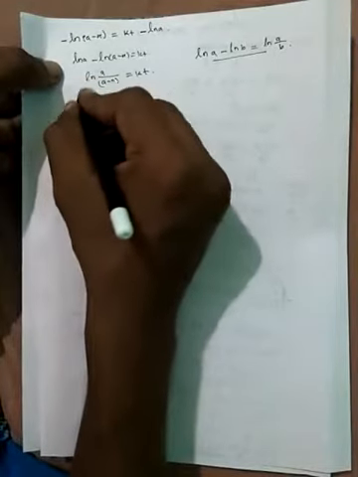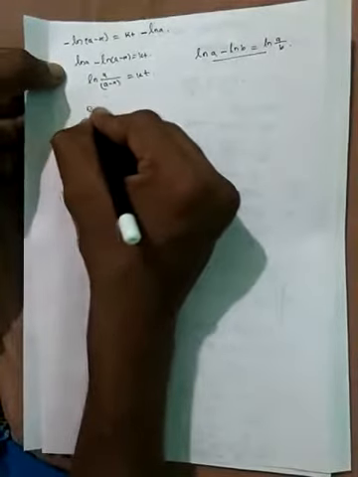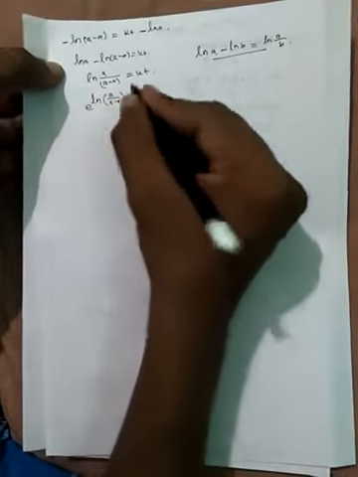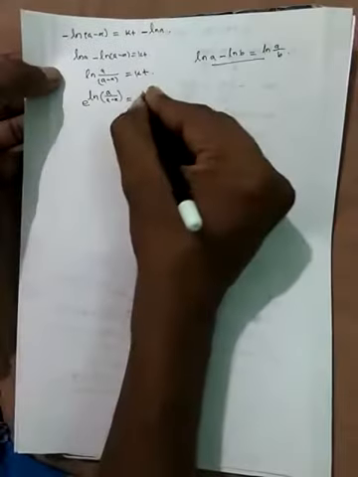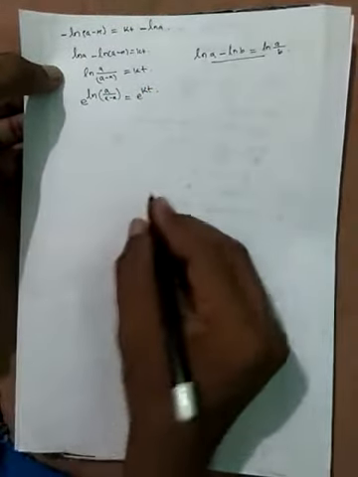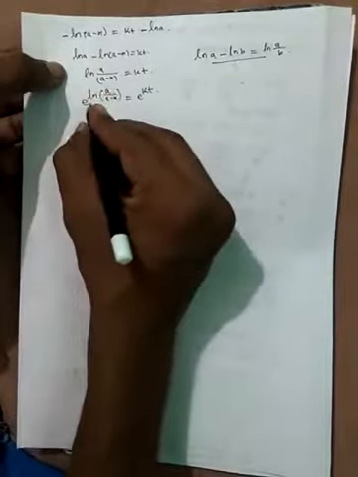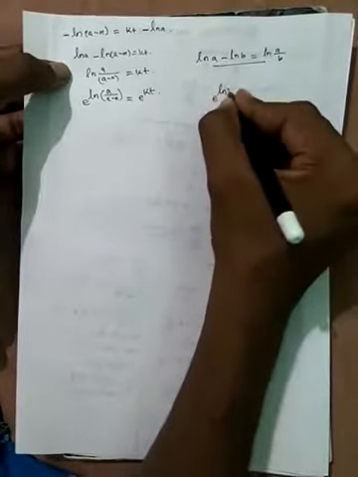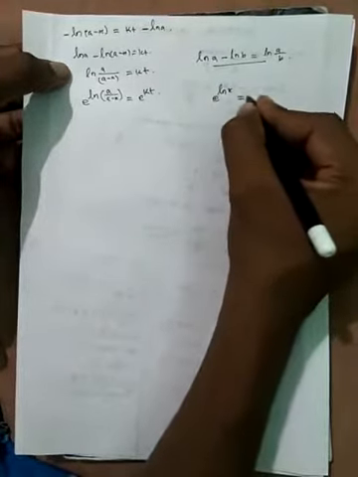Now you raise the equation to e power: e power logarithm a by a minus x is equal to e power kt. I know this formula, e power logarithm x is equal to x, right?